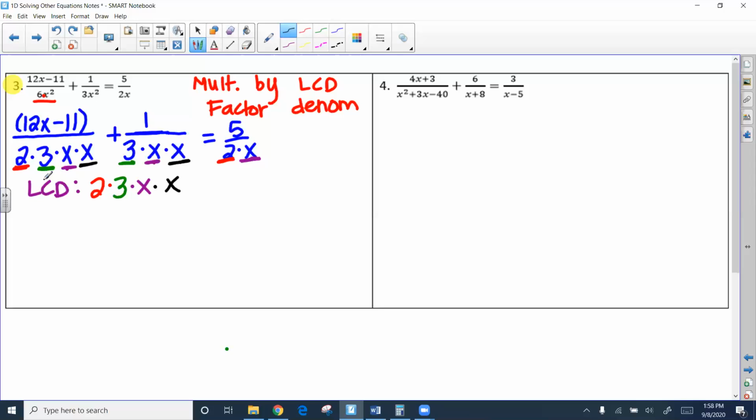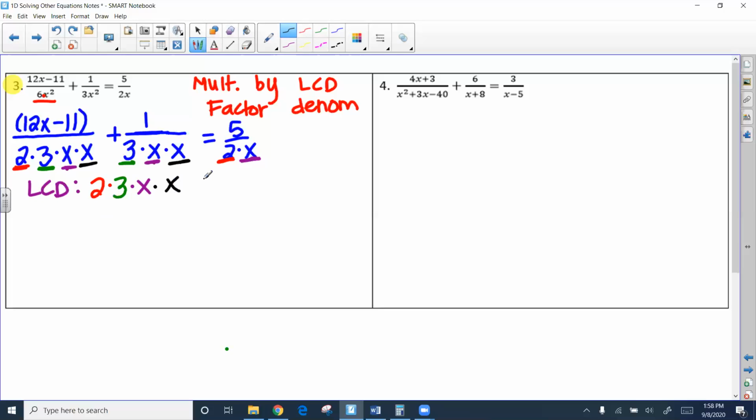Okay, so this is what my LCD is going to be. 2 times 3 times x times x, or in other words, 6x squared. I'm going to write it in factored form though, so that we can see what's going to cross out. Okay, so I included the common 2 once, I included the common 3 once, I included that common x underlined in purple once, and I included the common x underlined in black once.